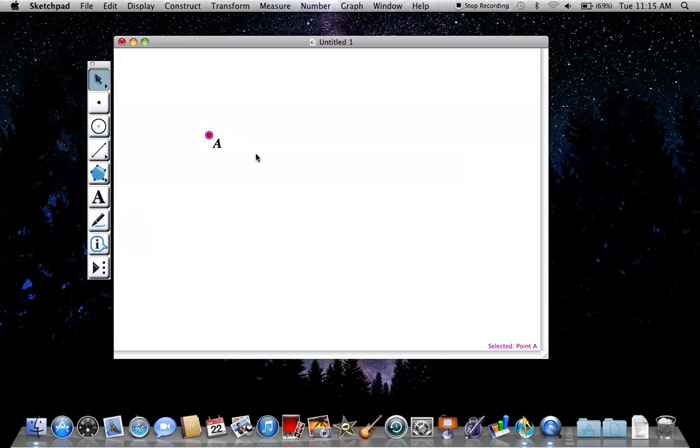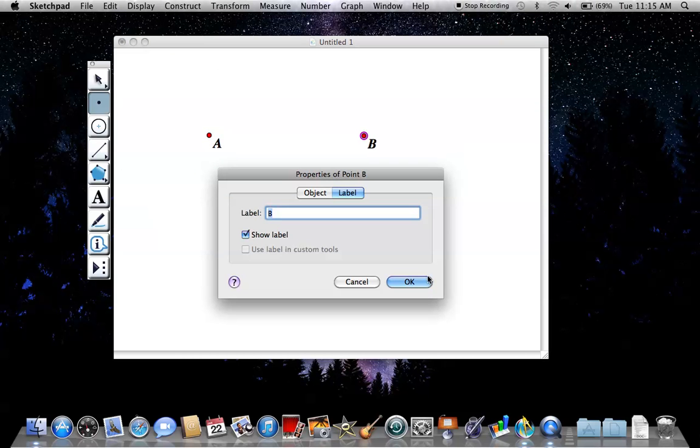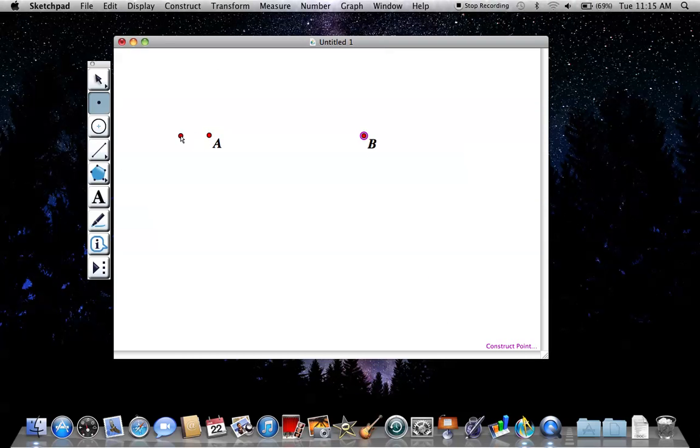After that we have a line. I'm going to form a line here, put my point, and label the point, point B. Now in between these we have a line.